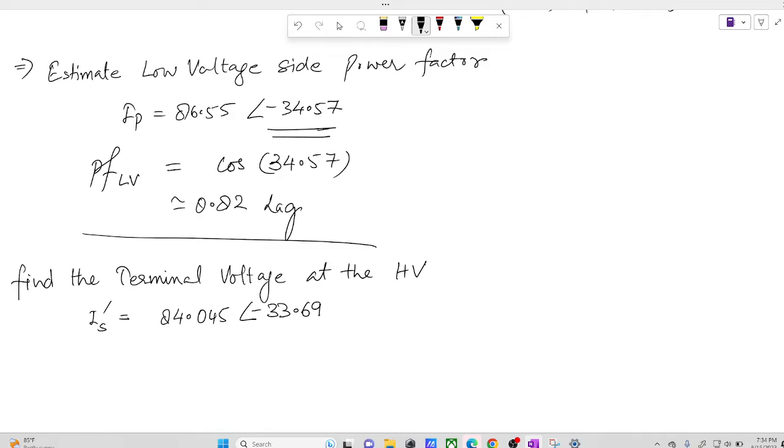So this is in the low voltage side, this is a reflected current.